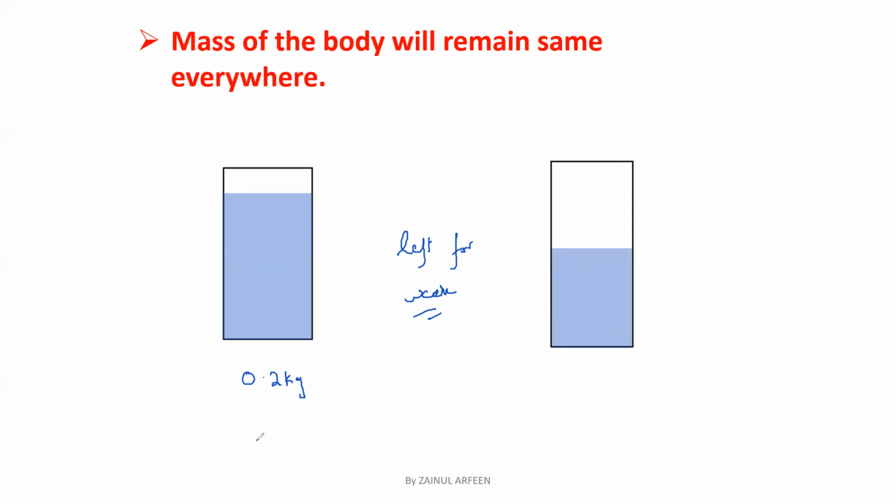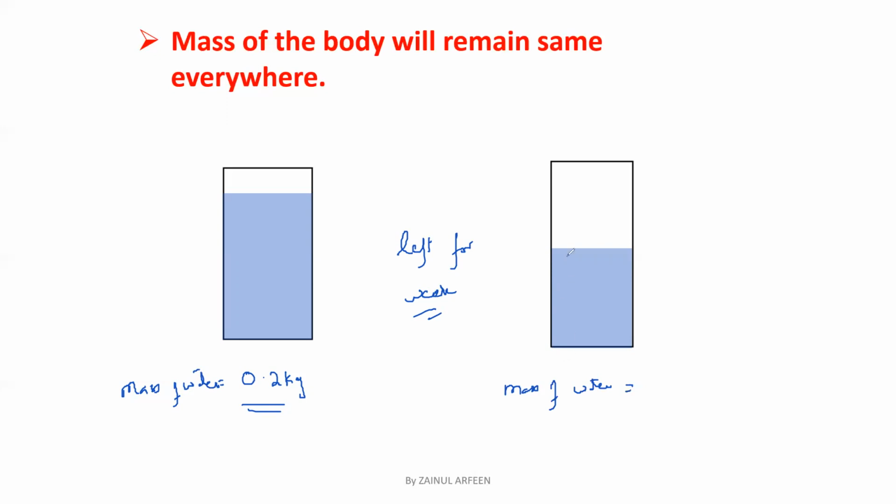So my question is, what will happen to the mass in this example? It will be equal to 0.2 kilogram, more than 0.2, or less than 0.2? In the beginning we had 0.2 kilogram of water inside the glass. What will happen to the mass of the water after a week?